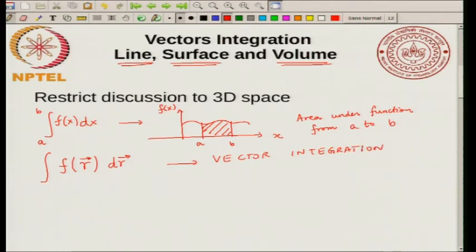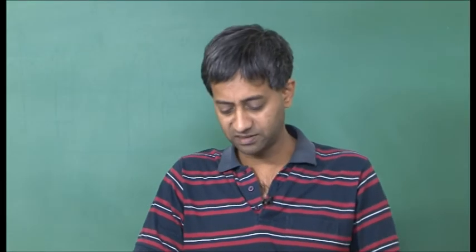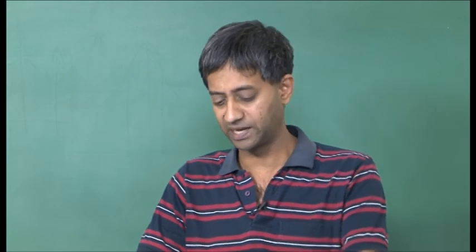This is the general idea of vector integration, that we want to do some sort of integral over a vector. And now how do you put the limits, how do you define this? As we discuss that, we will come to line, surface, and volume integrals very naturally.